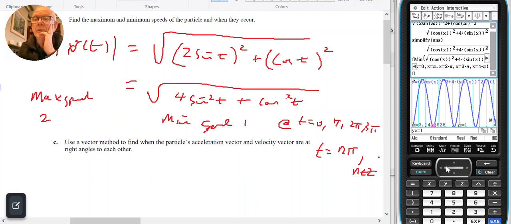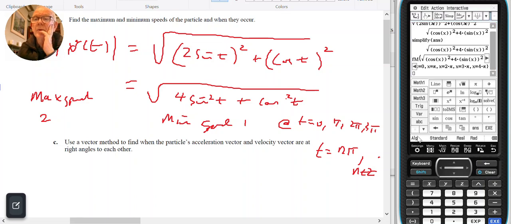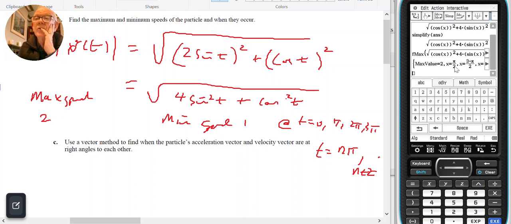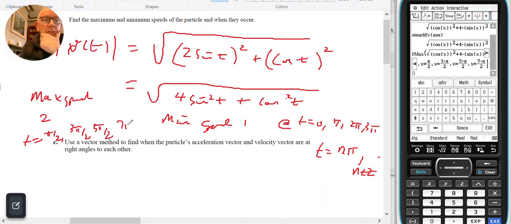To look at the maximum, I go back up there, bring up the keyboard, go to ABC and put in max, and press X to get rid of that Z. And that's 2, at pi/2, 3pi/2, 5pi/2, 7pi/2.